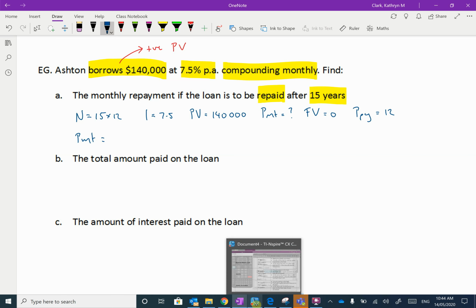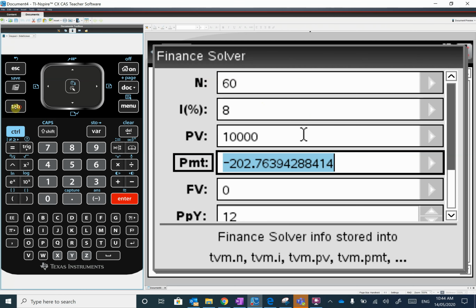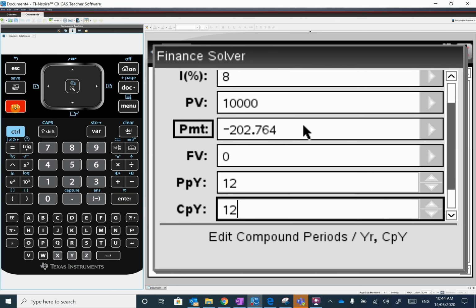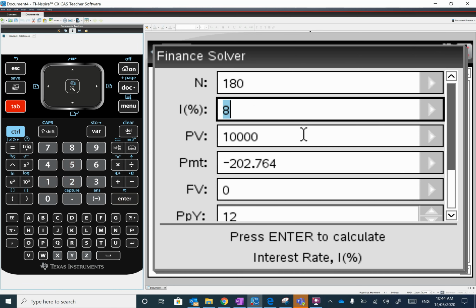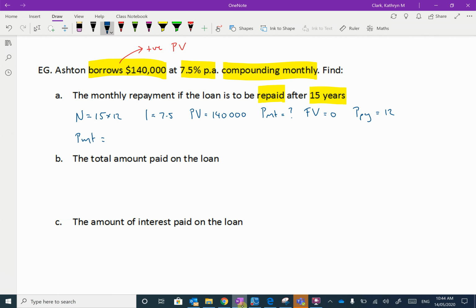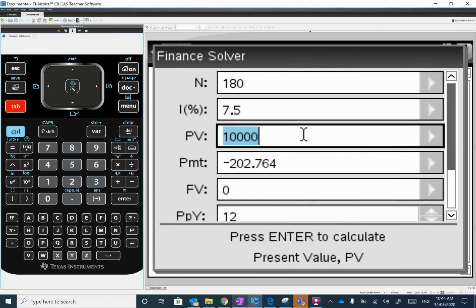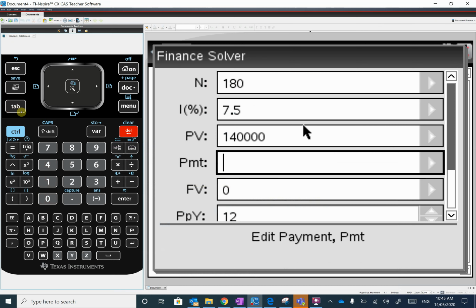Go back into my calculator. So that's 12 times by 15. Yep, see, it works out for me. 7.5% interest, 140,000. Don't know what that is.